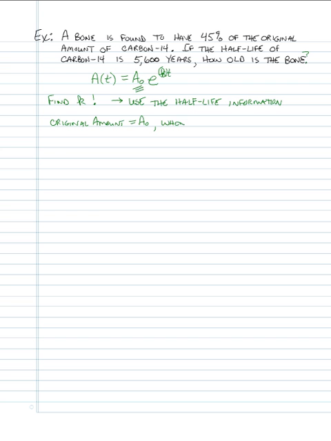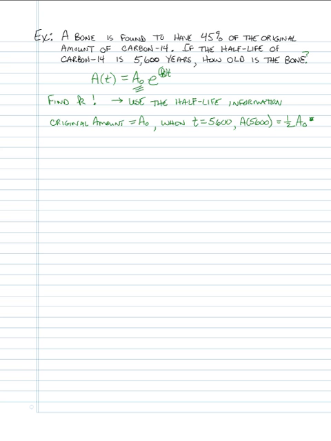So when t is equal to 5,600 years, then a of t, the amount we have after 5,600 years, will be 1/2 of the original amount. That's why it's called the half-life. Well, let's just write it that way.